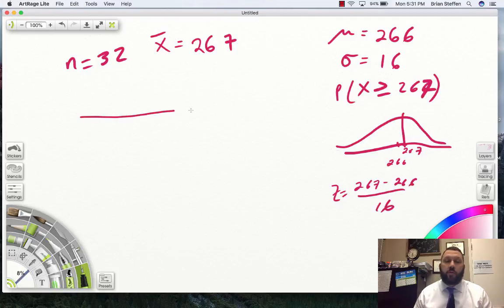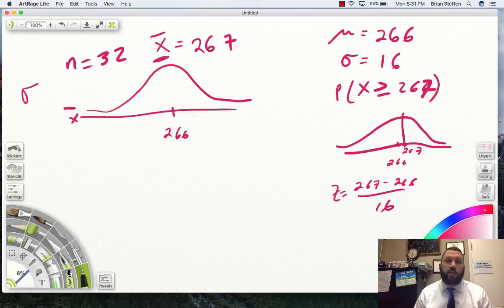Now what happens over here is I have a different distribution, still centered at 266, but my standard deviation is now, because I'm talking about the average x bar here, sigma sub x bar equal to sigma over the square root of n, which is 16 over the square root of 32, a smaller number. So now 267 is over here.